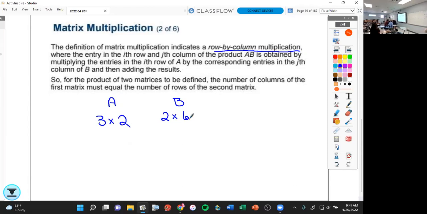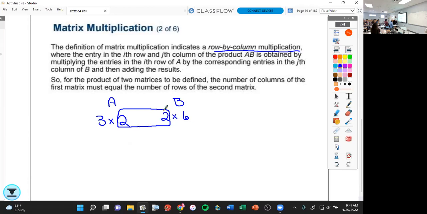The question is, can I multiply these matrices together? And here's what you have to look at. Notice this is A times B. A times B and B times A are not the same, not in matrices, okay? So as I write down the dimensions of A and B, I look right here.